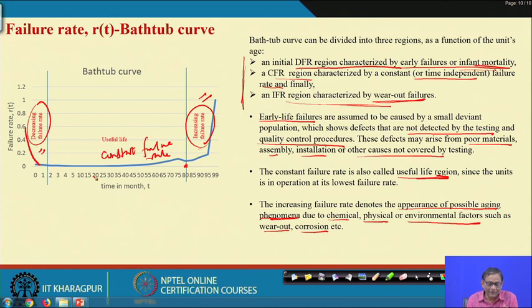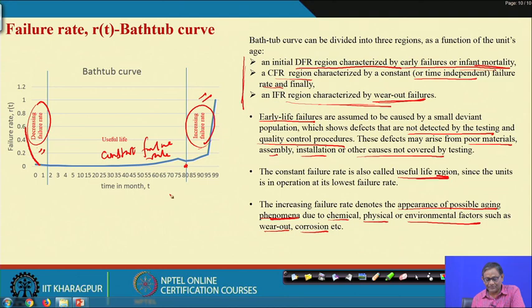An important point is that the early failure rate will be quickly decreasing, and this is because of the testing and quality problems. The useful period of life, or constant failure rate period, will be very lengthy, because this is the period when the component, unit or system is under full utilization.